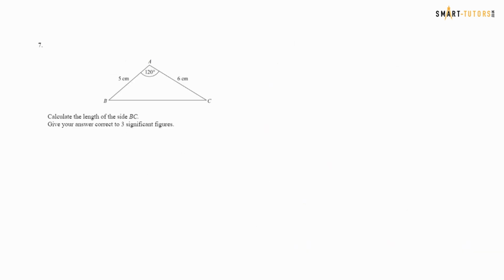Question number 7. Calculate the length of the side BC. Let's say I put it as X. So this is a side and an angle, so cosine rule.